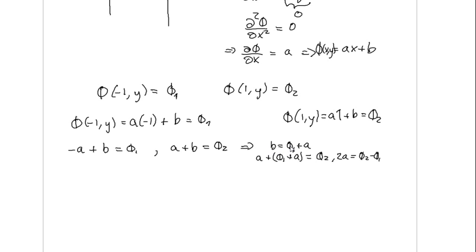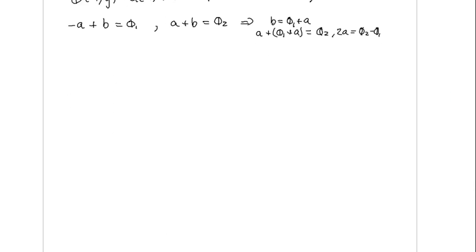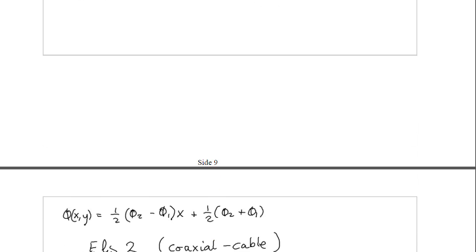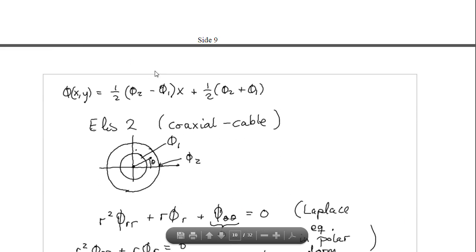So b is equal to phi 1 plus a, that is, phi 1 plus phi 2 minus phi 1 over 2. In this way we find both a and b. Therefore we have found the expression for this unknown phi of x, y. Replacing now a and b with these values, we obtain that phi of x, y is equal to this expression.